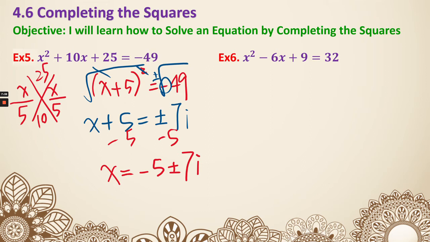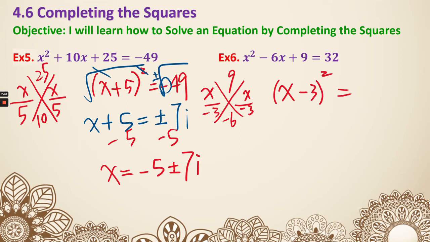Example 6. We're going to do the same thing. Factor the left side first. So we got 9 and negative 6. The number we need is negative 3 and negative 3. x on the top. We're going to end up with x minus 3, then squared equals 32. Now, in order to get rid of the square, we're going to square root both sides, put plus minus.